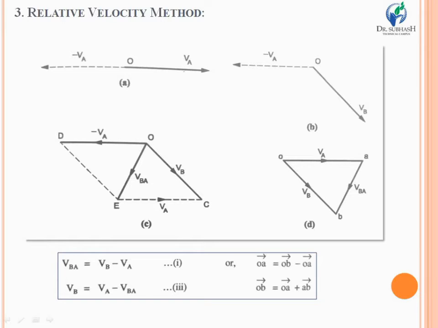Then the relative velocity of particle B relative to particle A will be termed as V suffix BA, and the relative velocity of A with respect to B will be represented as VAB. So this is the notation specially used for the various particles which are moving on links.